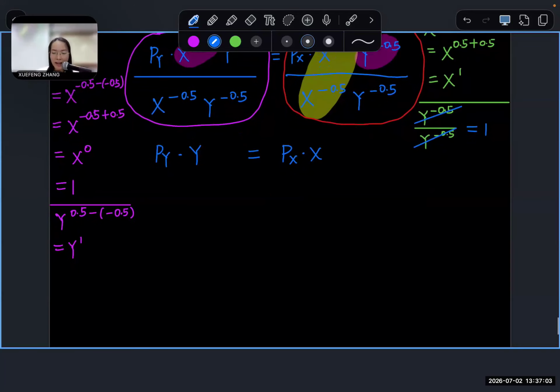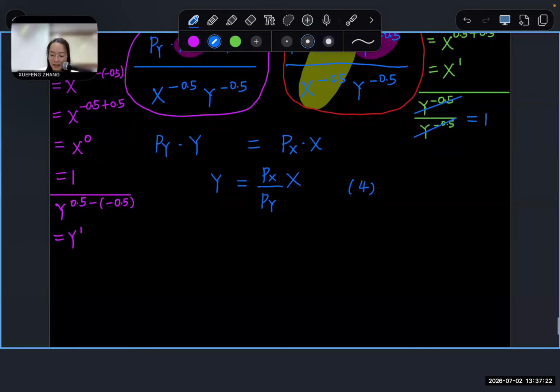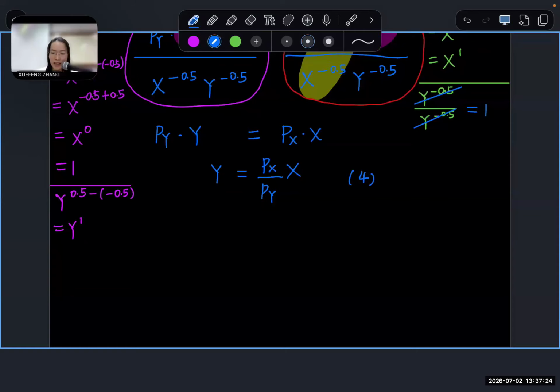And then we isolate y alone. So y equals px x over py, right? Here is going to be our equation 4. And this equation 4 is exactly our MRS condition, okay?